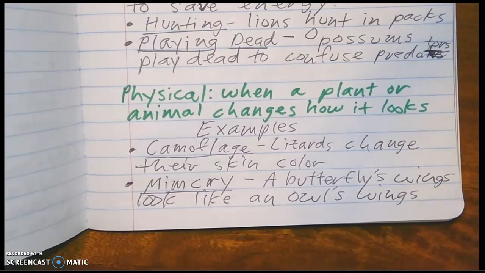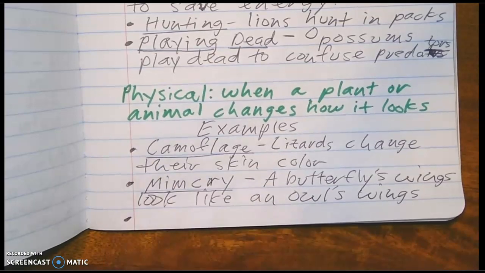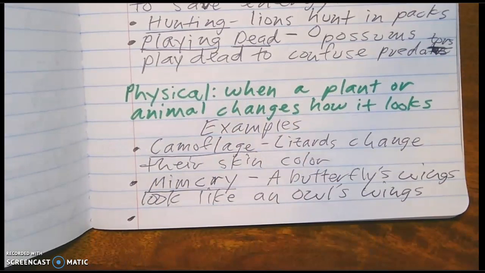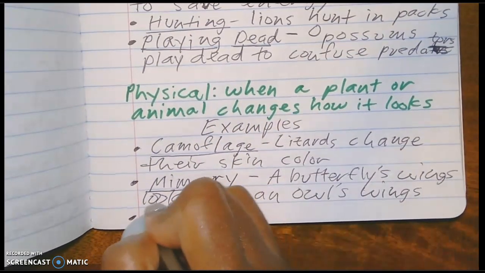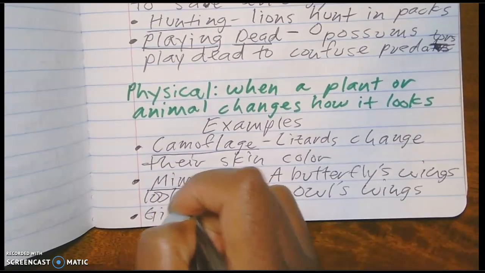And last one that I'm going to try to fit here is giraffes. So over time, giraffes have adapted to where they have really long necks to where they can eat out of really tall trees. So that's what I'm going to squeeze in here at the bottom.